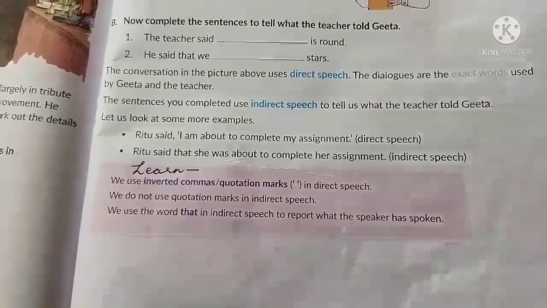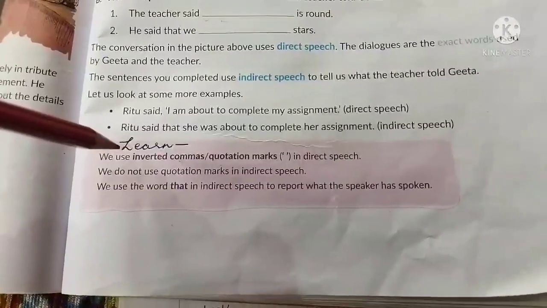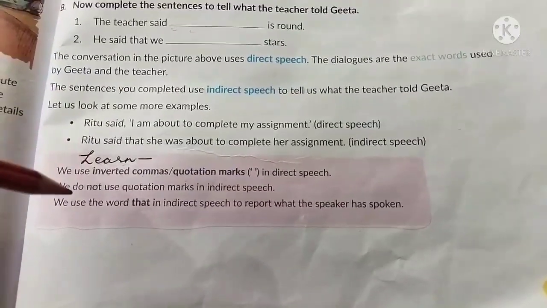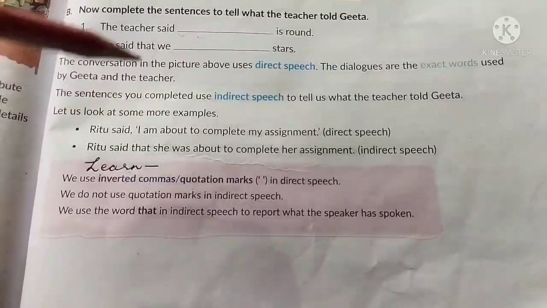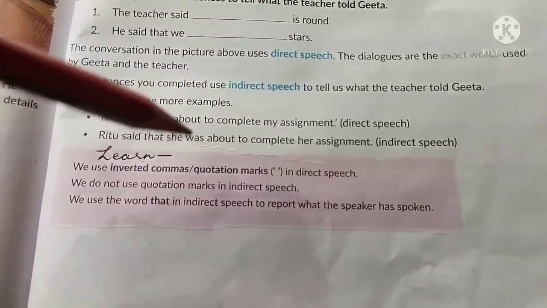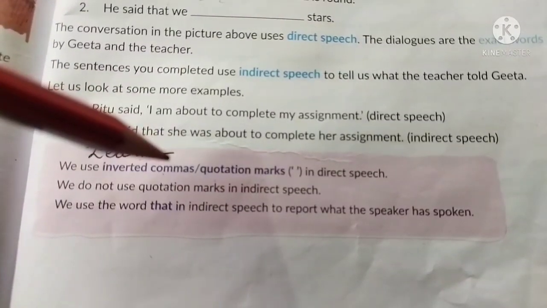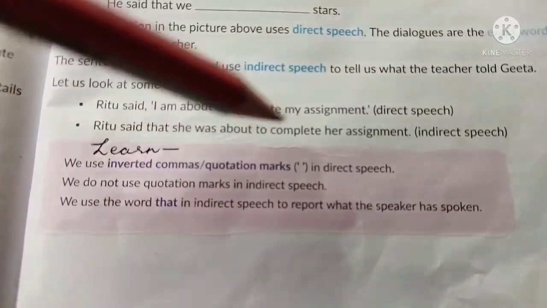So remember students, you have to learn this on page number 97. It is given here that when you talk about direct speech and indirect speech, there are some basic points to remember. We use inverted commas or quotation marks.